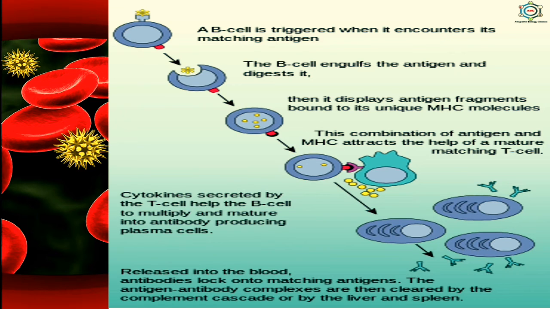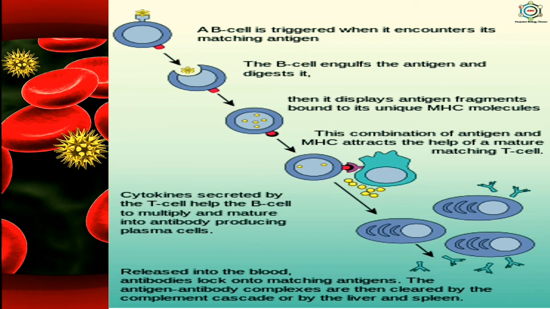Now, what is the way of activation of a B cell? A B cell is triggered when it encounters its matching antigen. The B cell engulfs the antigen and digests it. Then it displays antigen fragments bound to its unique MHC molecule. This combination of antigen and MHC attracts the help of a mature matching T cell.